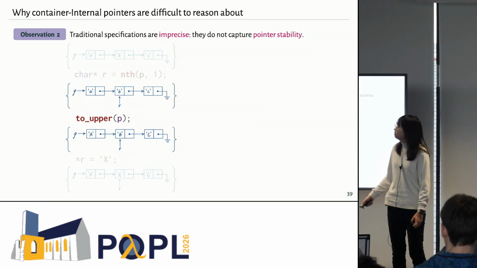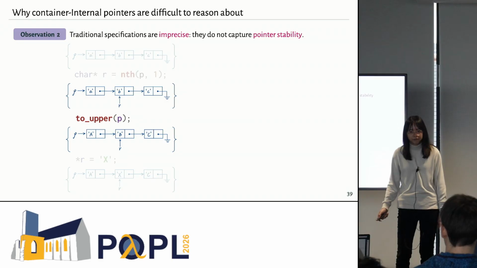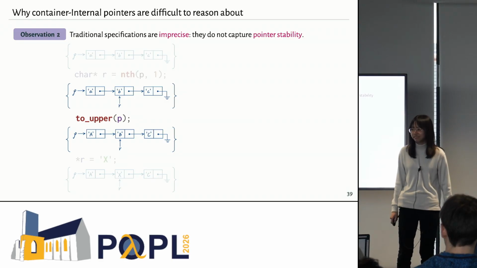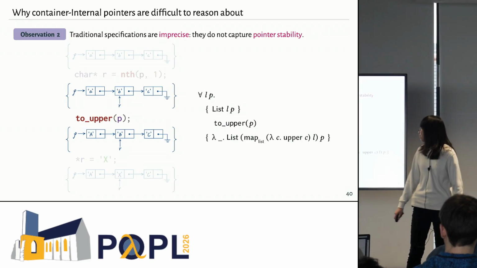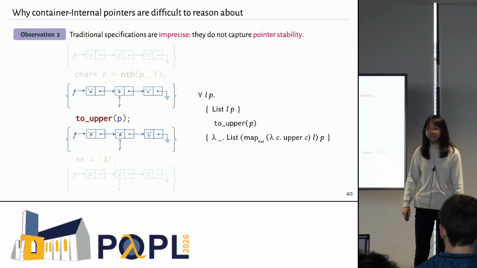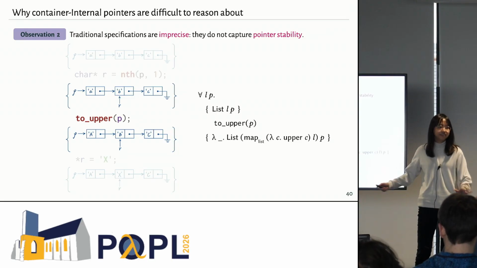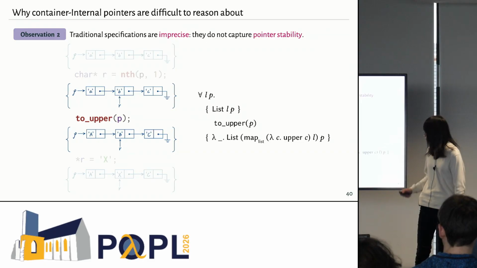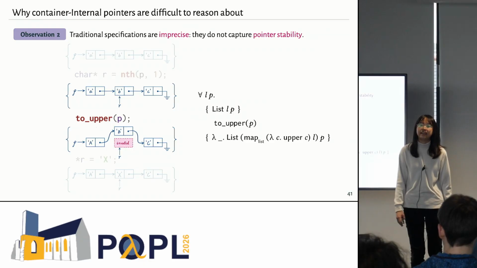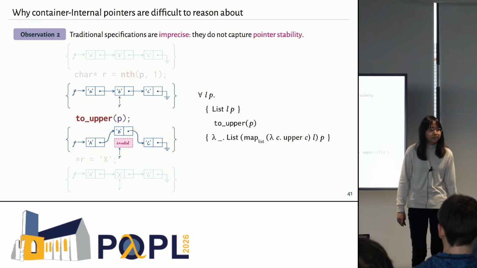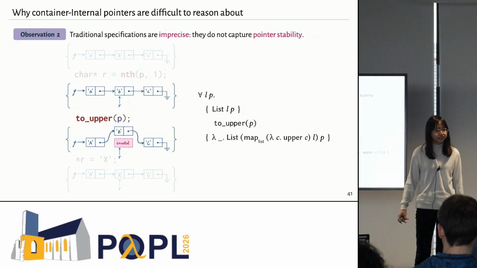And we also know that to_upper is essentially a map operation. Well, easily we know how to specify a map, right? The typical specification says that if you give me a list, I'm going to update every element of the list to uppercase. However, this specification actually allows implementations that move the elements around, so that R may end up pointing to some invalid memory.